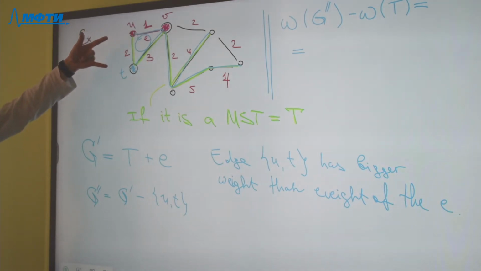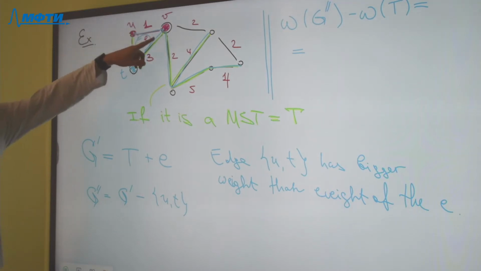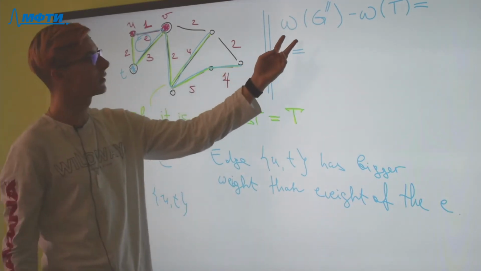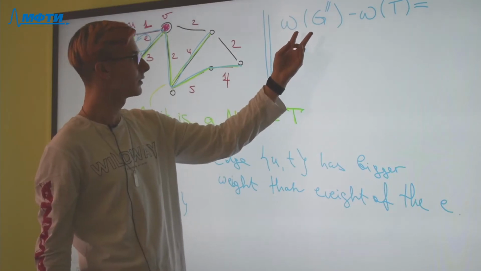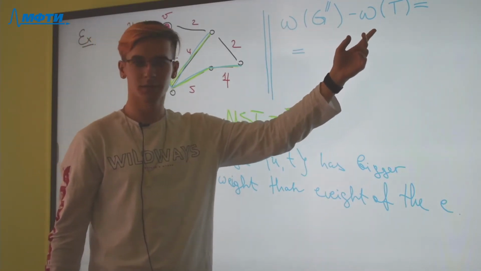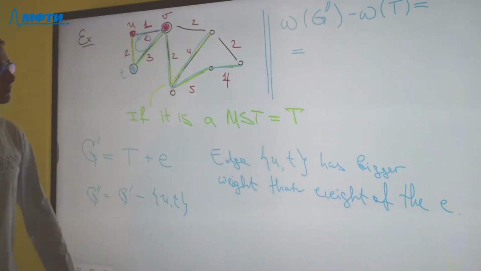Because all the other edges are in both minimal spanning trees, they are included in both of these sums and disappear when we find the difference.